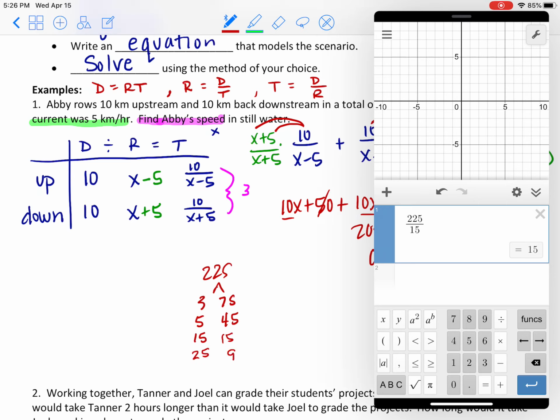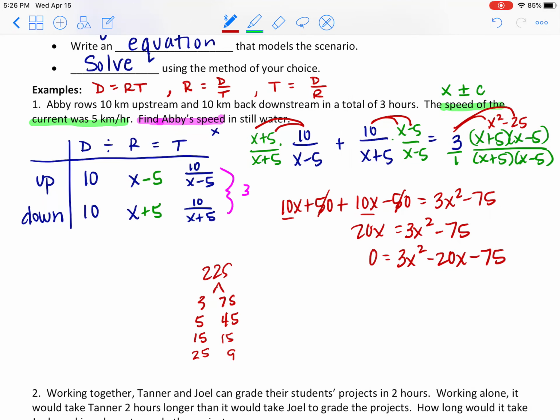Oh duh, I knew that. 25 is going to go in 9 times. I don't think we're going to be able to get 20 out of this. So this isn't going to factor, and that would be the difference between what we did before and what we are working on now. This doesn't factor, which means we need another way to solve.